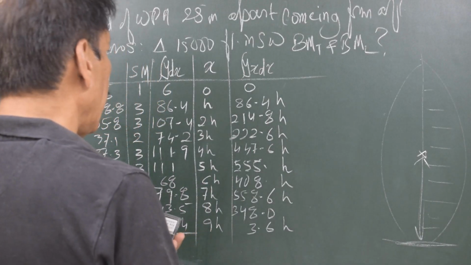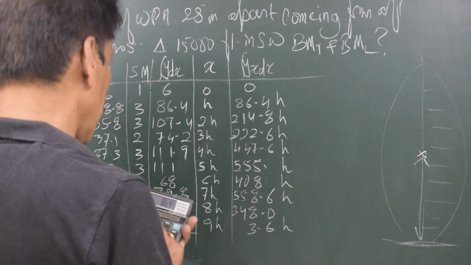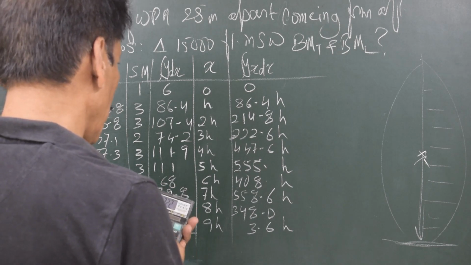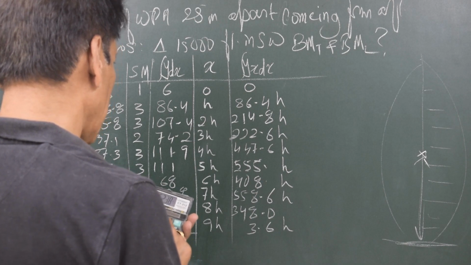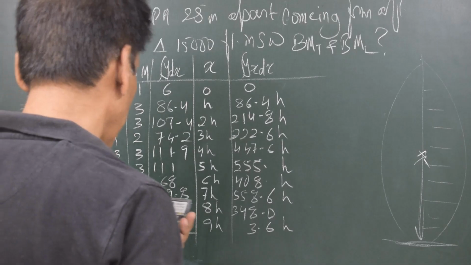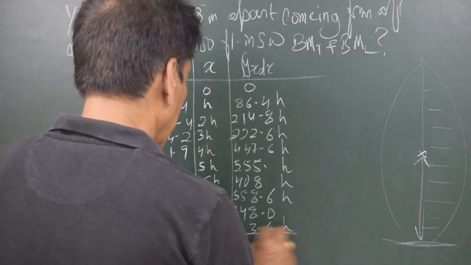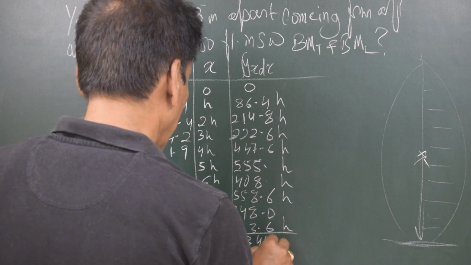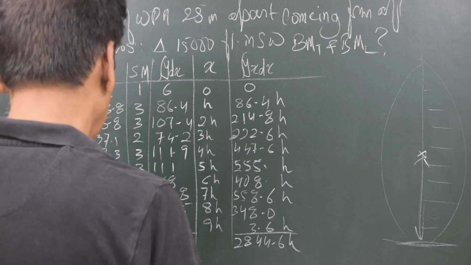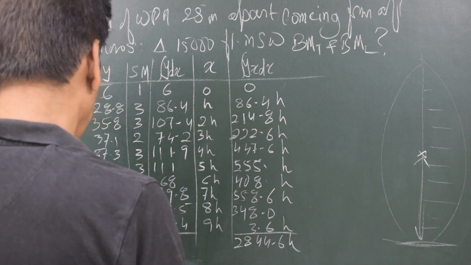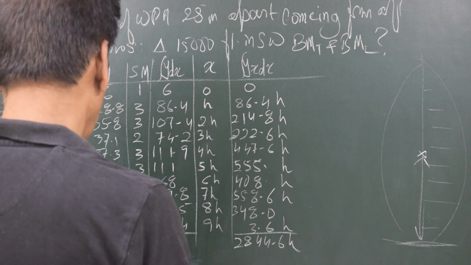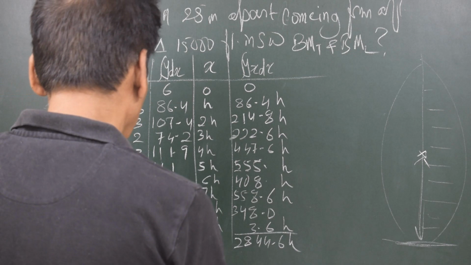So that is 86.4 plus 214.8 plus 222.6 plus 447.6. This gives me 2844.6h. Let me say this side. It is 6 plus 86.4 plus 104. Gives me 688.6.